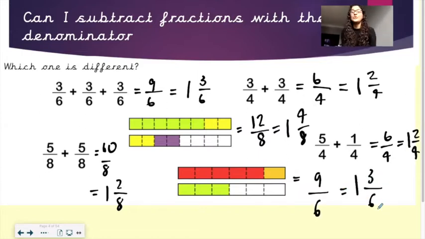Now, if I was to say which one is different, I would say that this fraction is different. So it's 10 out of 8 or 1 and 2/8.